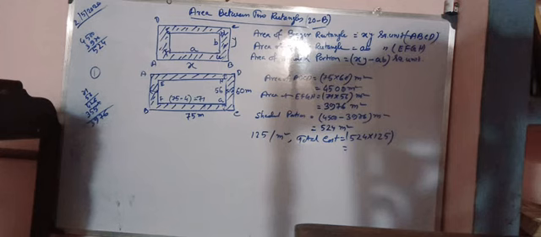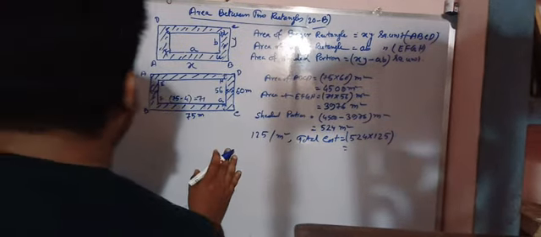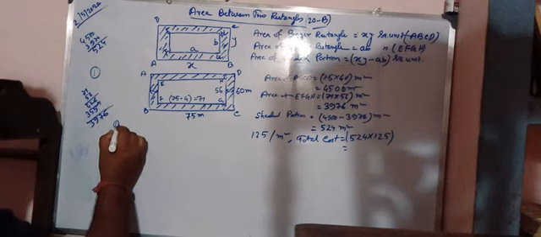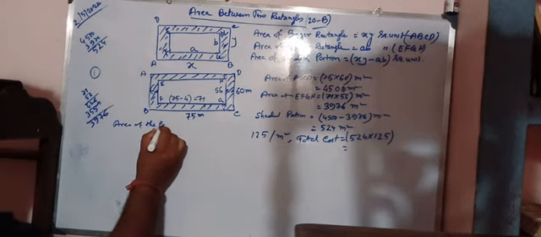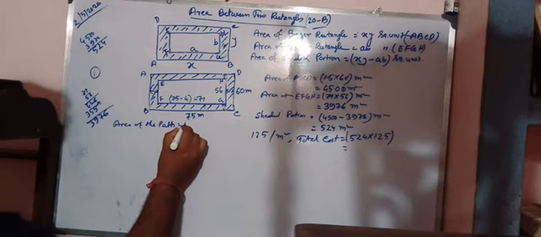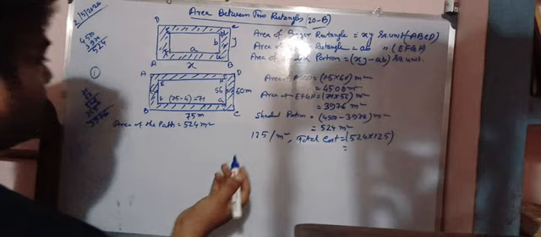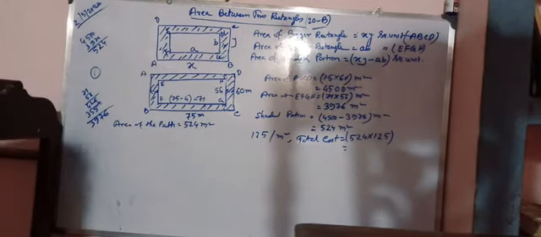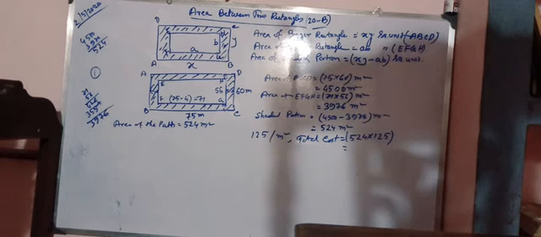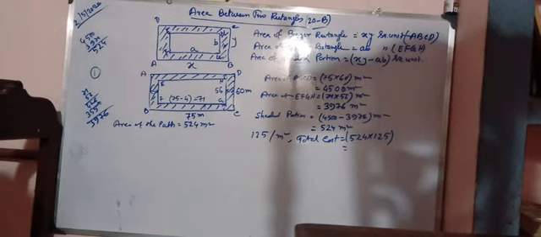So the area of the path is equal to 524 meter square, and if you multiply by 125, something like 65,000 comes. This is my total cost. Okay. Next, move to another question.